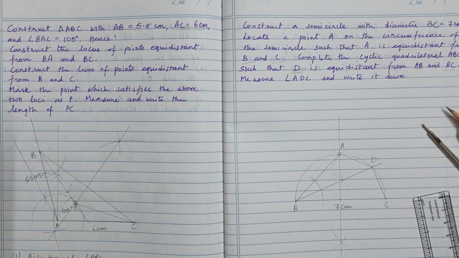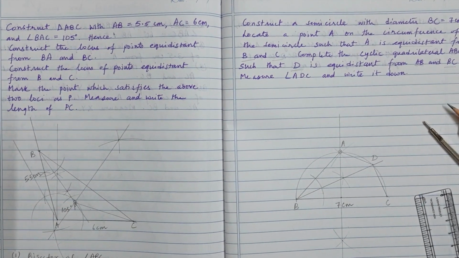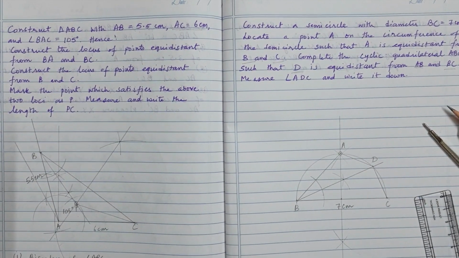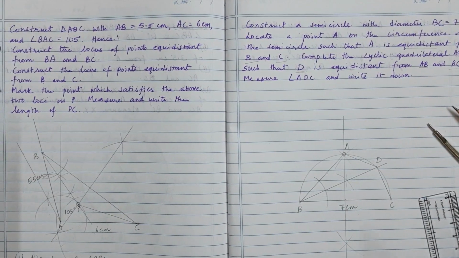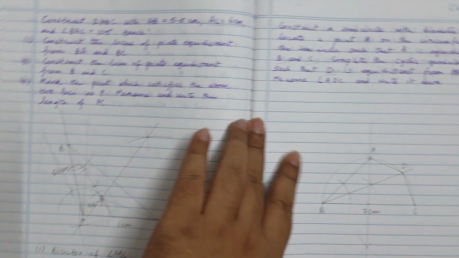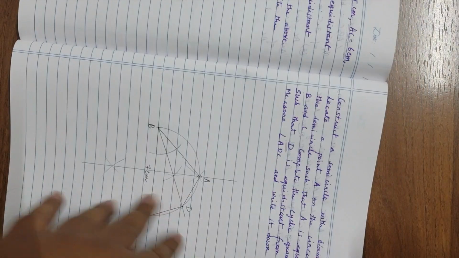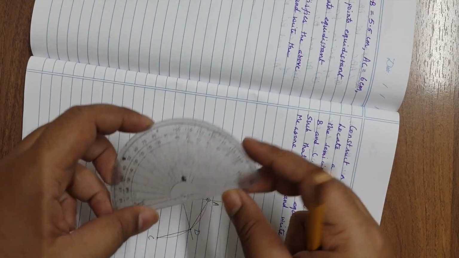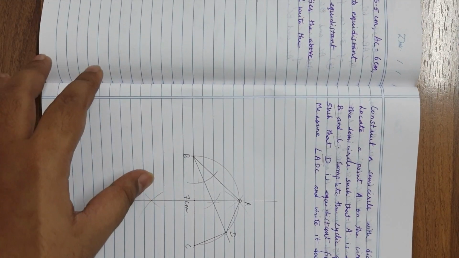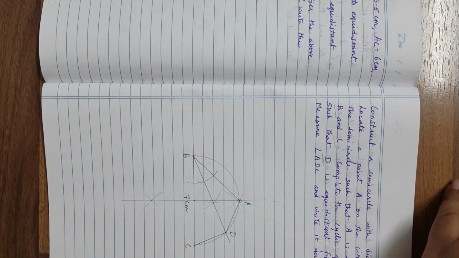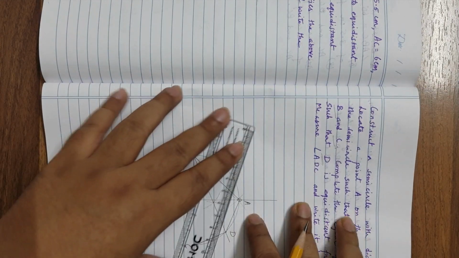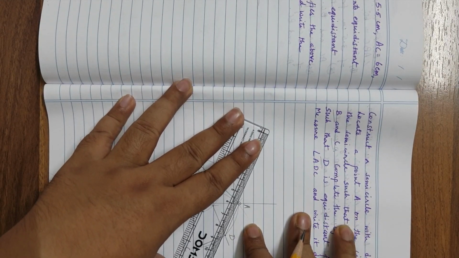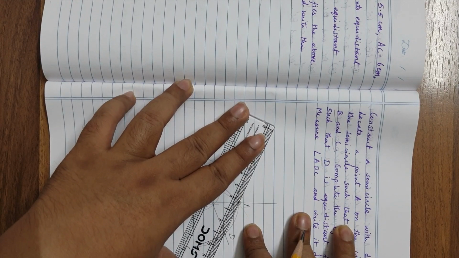Then you have to take a protractor and measure angle ADC. It's an obtuse angle. Now it will be helpful if I can extend one side just for measurement of the angle. Otherwise there was no need to do that.